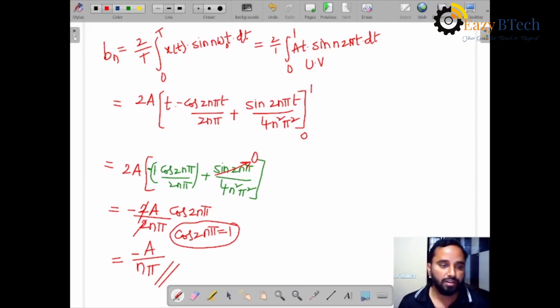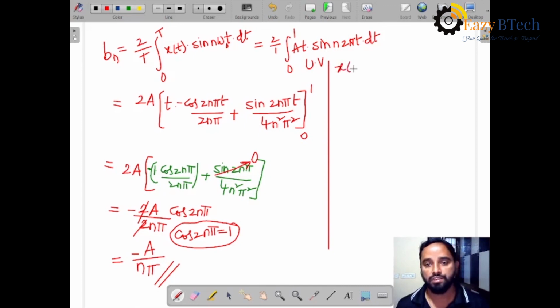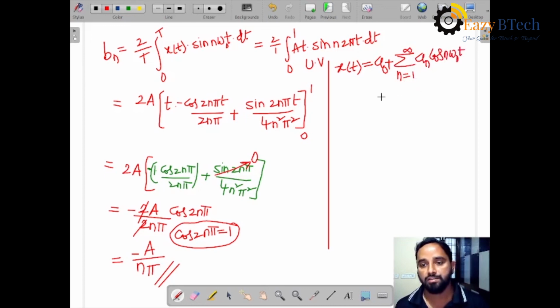So after getting a_n, b_n, a naught, we write the final solution. So x of t is equal to a naught plus summation 1 to infinity a_n cos n omega naught t plus b_n sine n omega naught t.